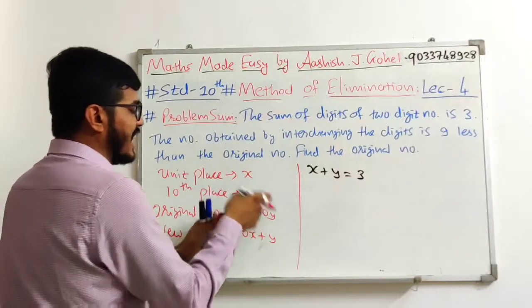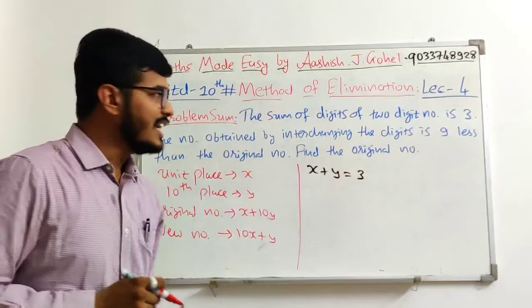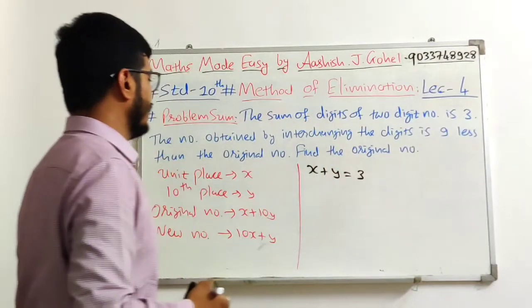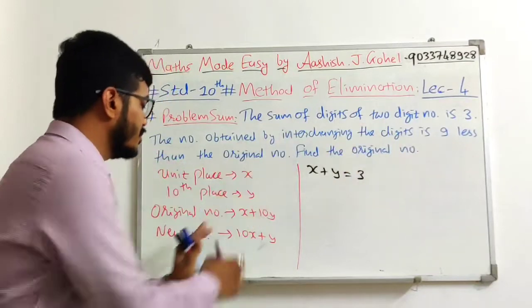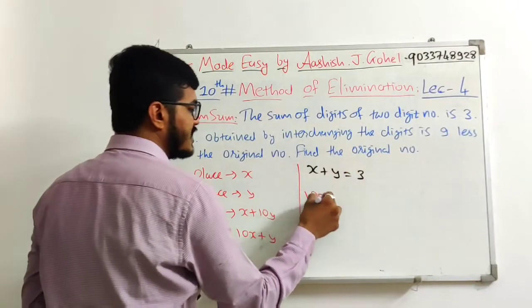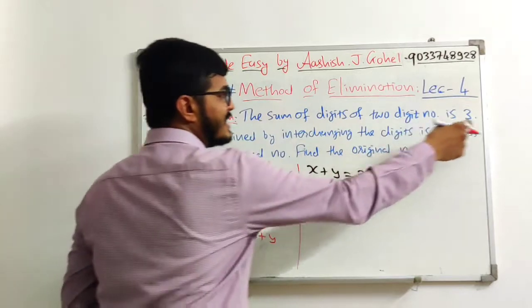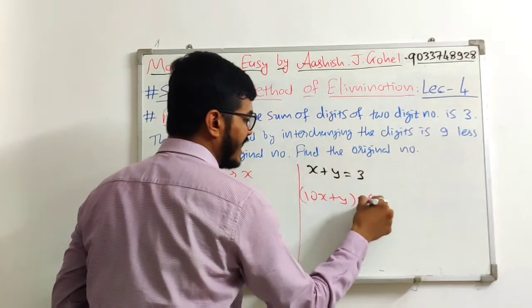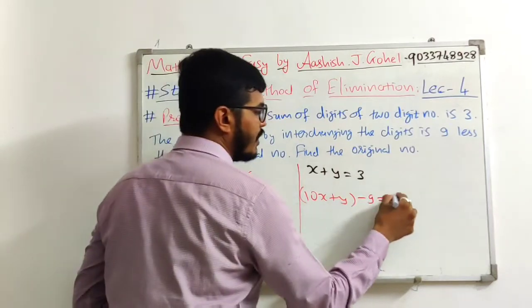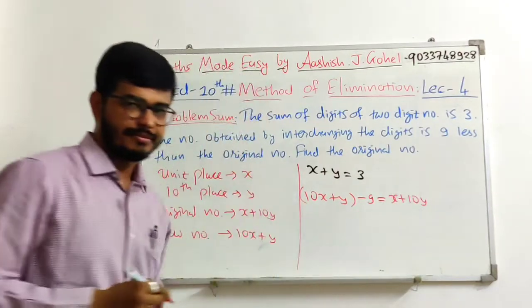Just the places will interchange. Okay. Now, according to the given condition, the number obtained by interchanging the digits, so the new number, that is 10x plus y, is 9 less than the original number. That means 10x plus y minus 9 is equal to the original number, x plus 10y.